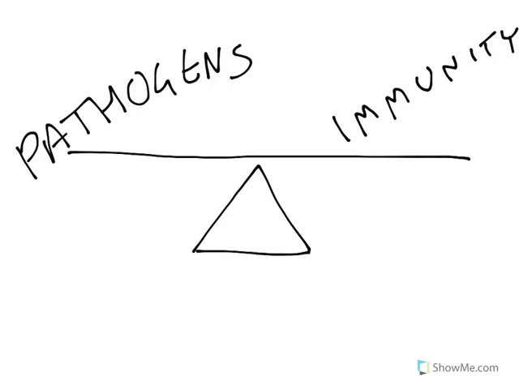You can imagine if the seesaw swung in the direction of pathogens, then the immune system would be very rapidly overtaken. If pathogens became dominant, the immune system would not be able to cope and the individual organism would die from infection.